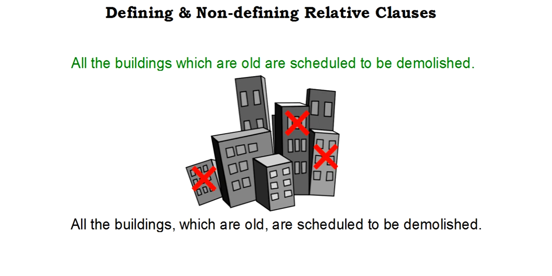This is defining, and I'm telling you that of all these buildings, the old ones are going to be destroyed. But in the second sentence, all the buildings, which are old, are scheduled to be demolished. I'm letting you know that all the buildings are going to be demolished, and they just so happen to be old. So as you can see, sometimes there is a huge difference in the meaning between a defining and a non-defining relative clause.